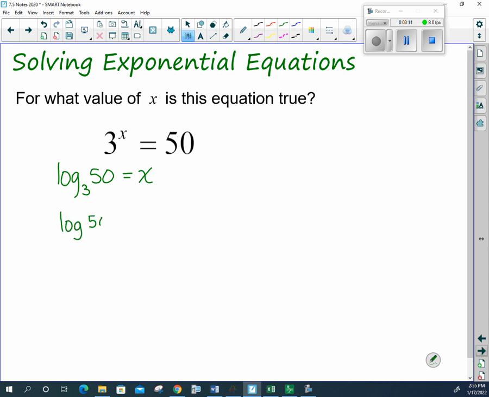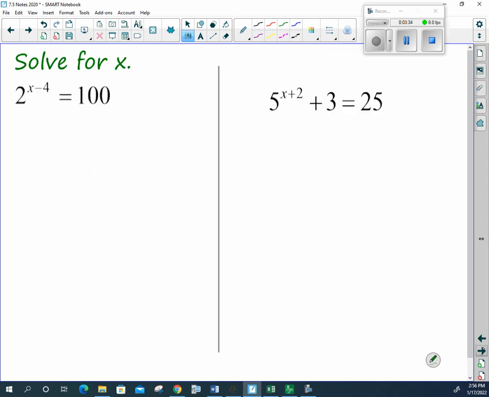Change of base, I think, was a few lessons ago. And now you can go to your calculator and type that in. So log 50, close your parenthesis, divided by log 3 is about 3.561.